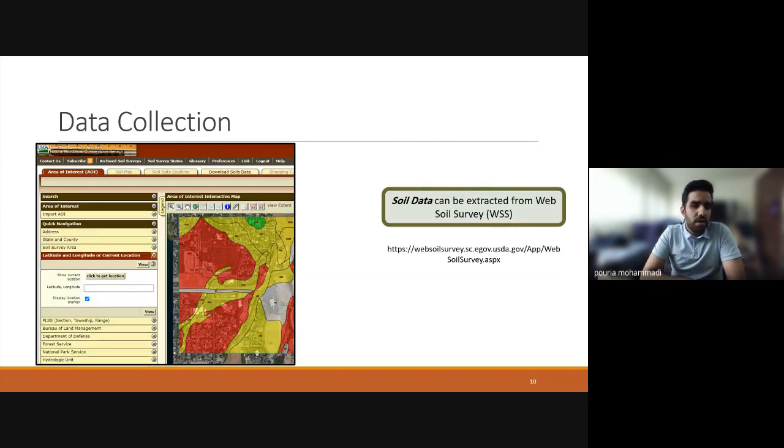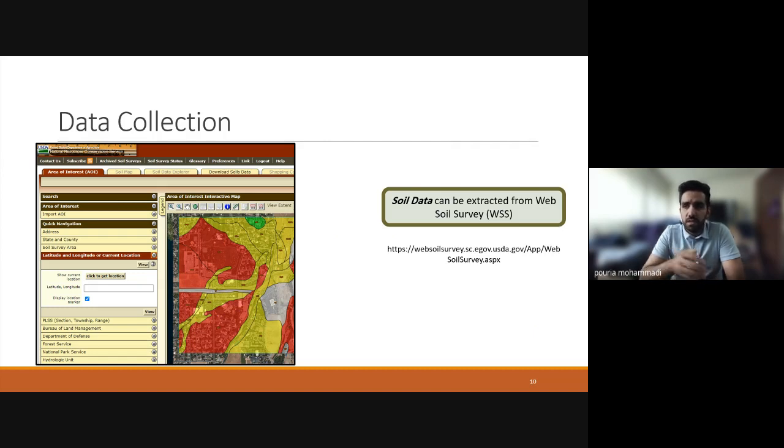The process of collecting soil data from the Web Soil Survey website was done manually by inserting the latitude and longitude of each culvert. Also, UDOT can download the datasets and use them independently or integrate the dataset into their platform.